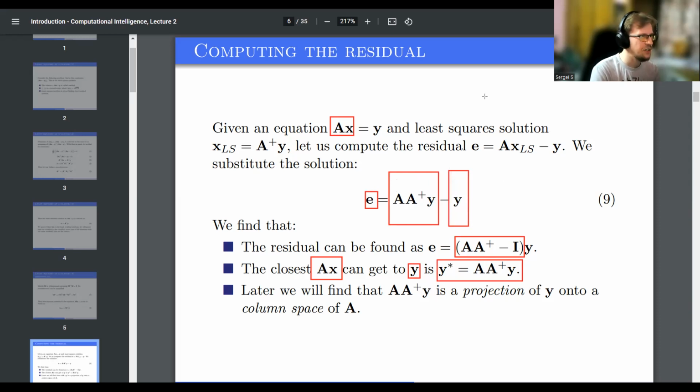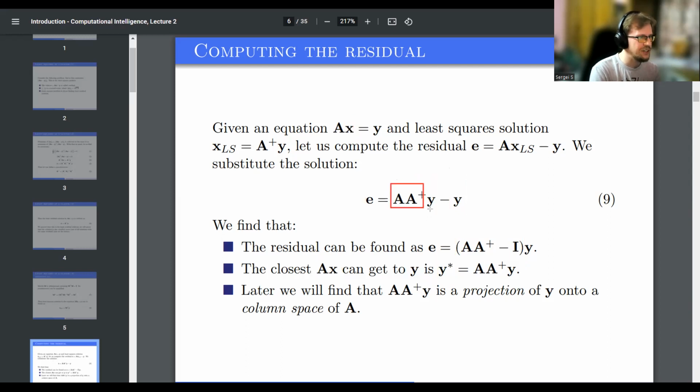If it cannot achieve 0, then this will be as close as it can possibly get to this value. Why? Because we are solving the least residual problem, meaning that this guy is as small as possible. And we showed that this is a solution that does. So this is as close to y as A times x can get.